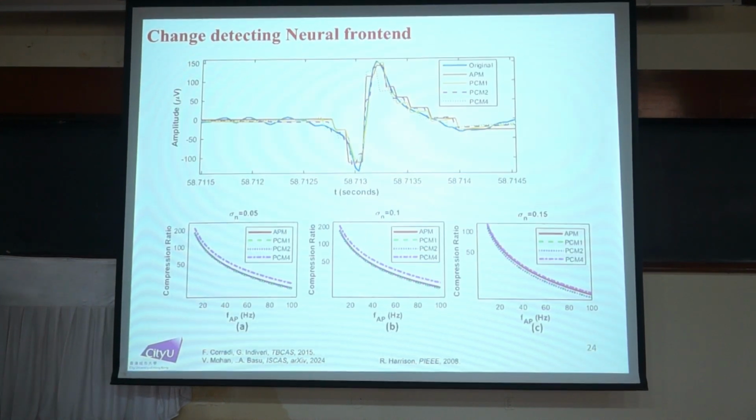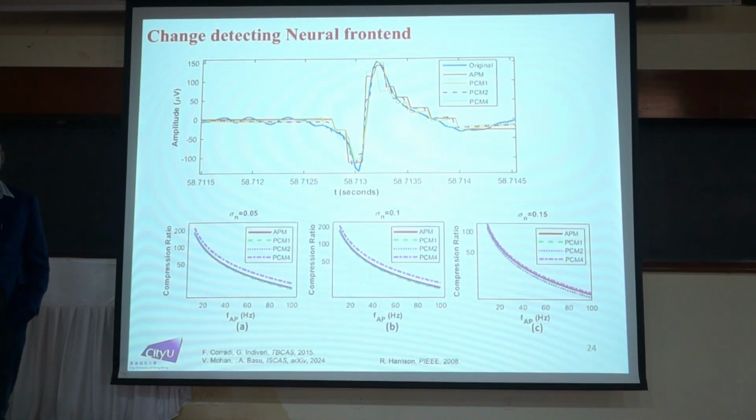This is showing an example of a neural spike and its reconstruction. APM, the all pulse mode, is sending out the pulses whenever they happen. PCM, or pulse count mode, is accumulating data in a small period of time and then sending it out. Why are we accumulating? Potentially you can save a little more bandwidth. Instead of sending the address for all the events, you send the address once for that whole bunch.